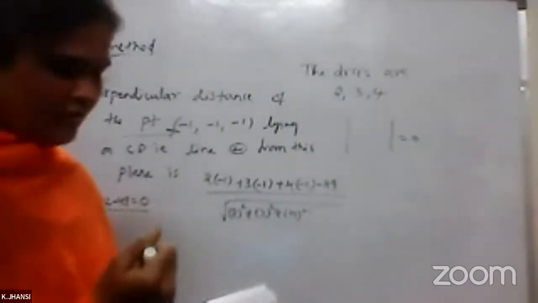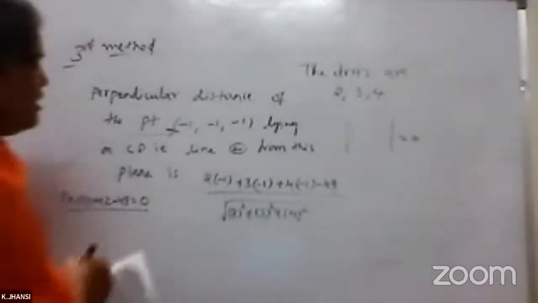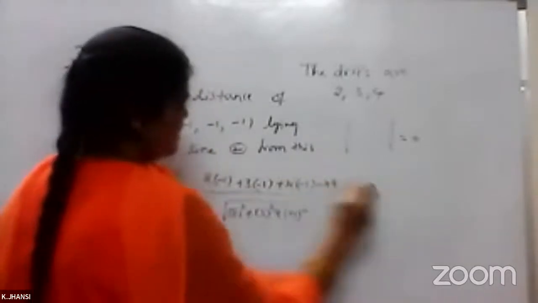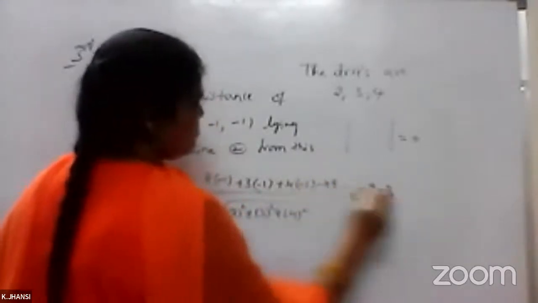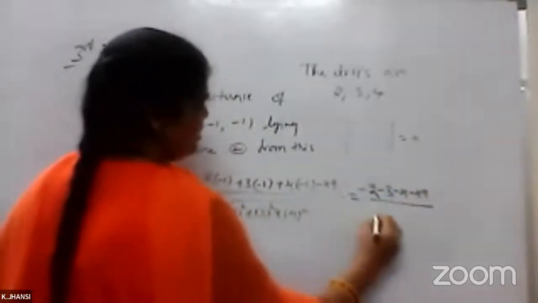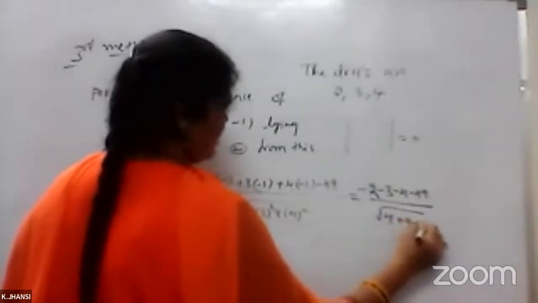So now if you simplify this, we'll get minus 2, minus 3, minus 4, minus 49 by 4, 9 and 16.